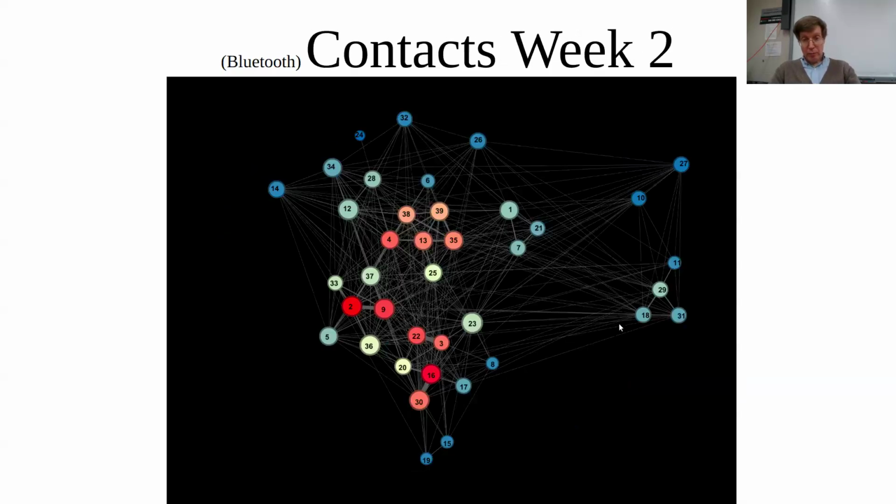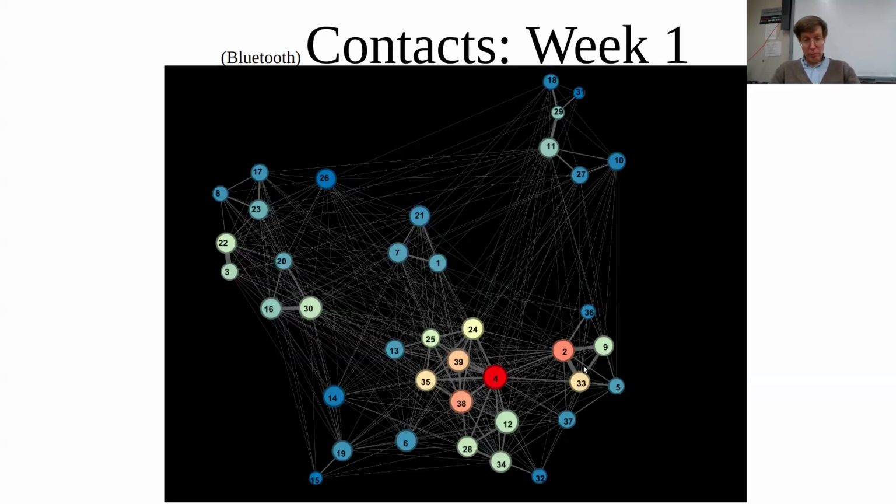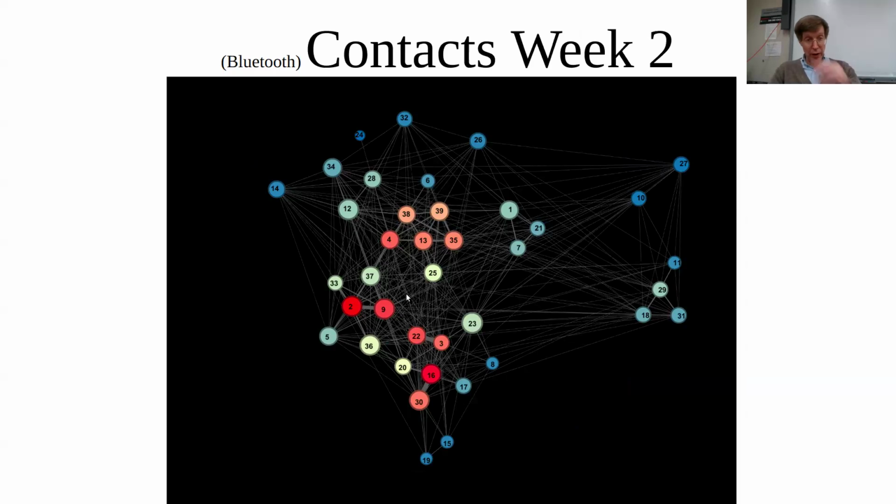By contrast, whilst you can find some of those here, like 3, 3 is no longer 2, 9, and 33. Here's 9. Here's 2. 33 is over here, but does not have a particularly strong connection in that week with 9.